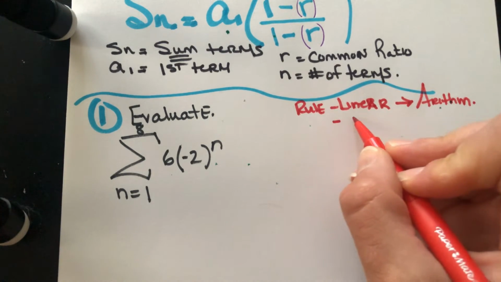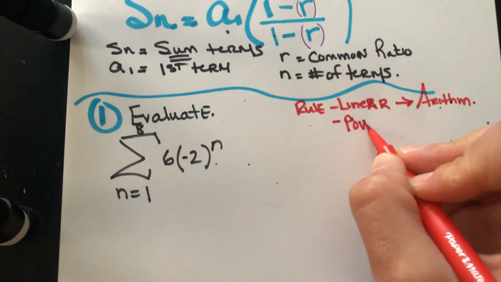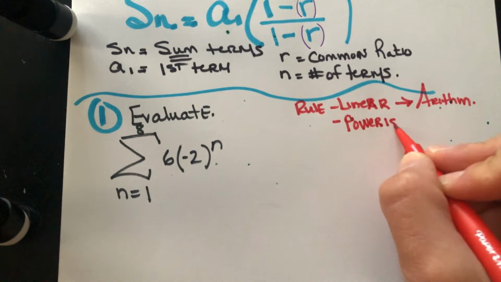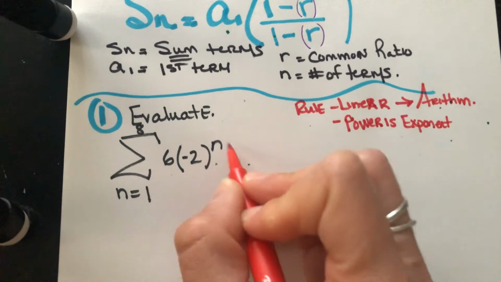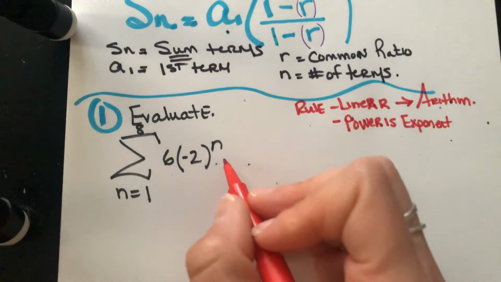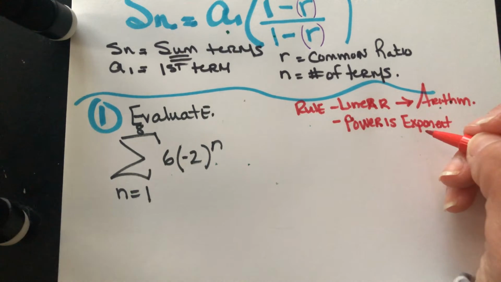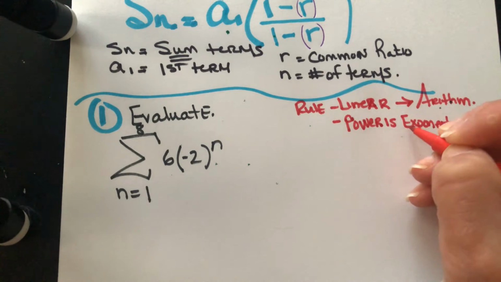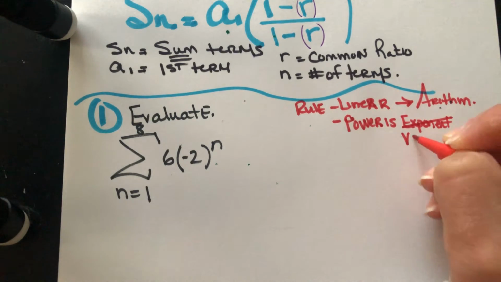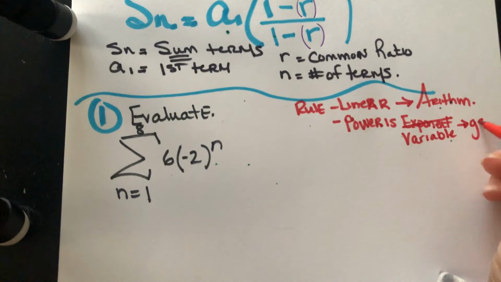If your power is a variable, something like this, if you have some kind of exponent that is a variable, then you know it's geometric.